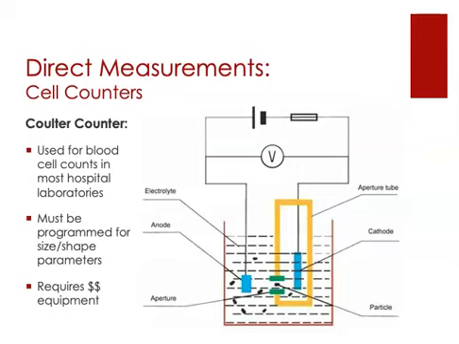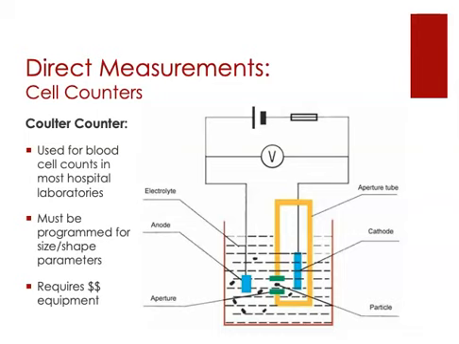The second piece of machinery that we use for direct cell counts is called a Coulter counter. Coulter counters are especially common in large diagnostic laboratories, including hospital laboratories. Coulter counters can be used for counting all the different types of blood cells, for example, that you would find in a human being.